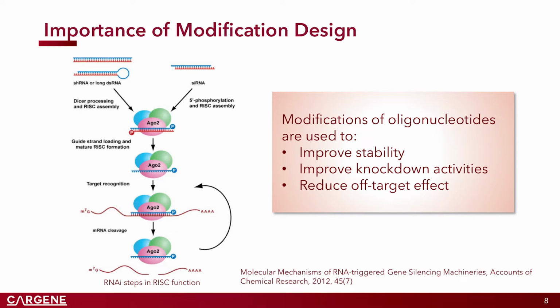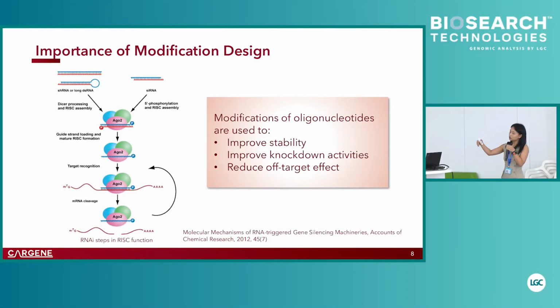The whole travel is actually very challenging for natural siRNA. So you have to modify it to make sure that it's stable all along the way. And then once it escapes from the endosome, it will be further phosphorylated and be able to load onto AGO2 to form this activated RISC assembly.